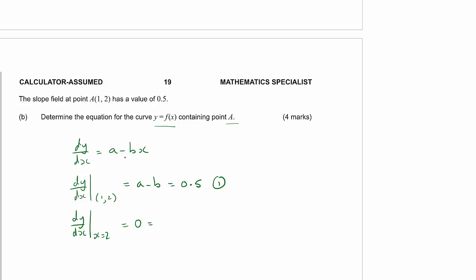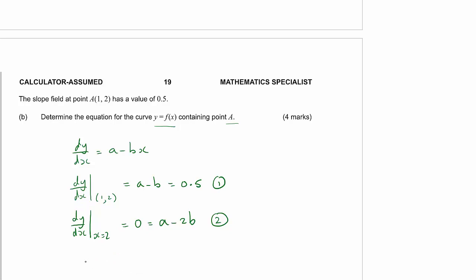Now that would be equal to a minus 2b. Let's call that equation 2. So if I do equation 2, take away equation 1, the a's disappear. No, actually, let's do it the other way around.